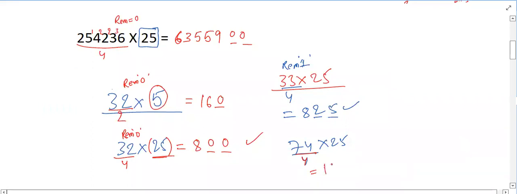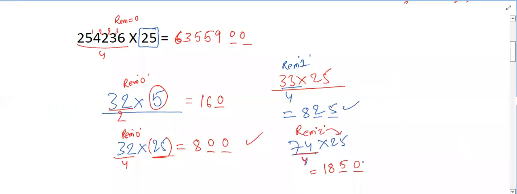Okay, it goes 18 times with a remainder of 2. So now the last 2 digits will be 2 into 25, which is 50. 1850 is your answer. Yes, sir. Okay. Understood.